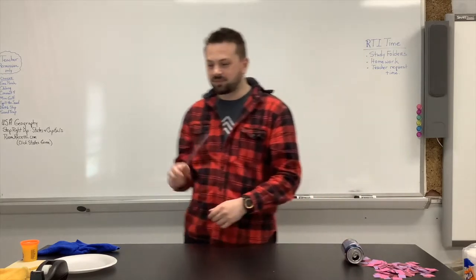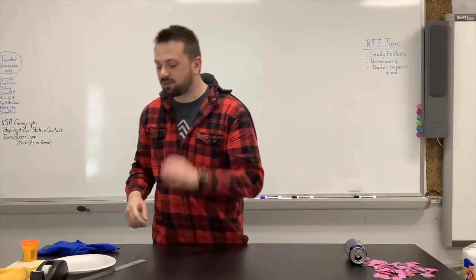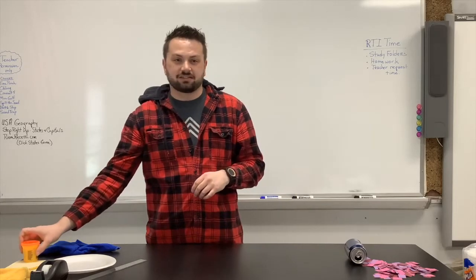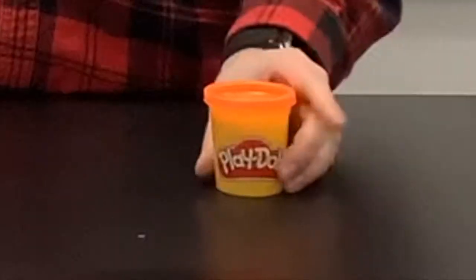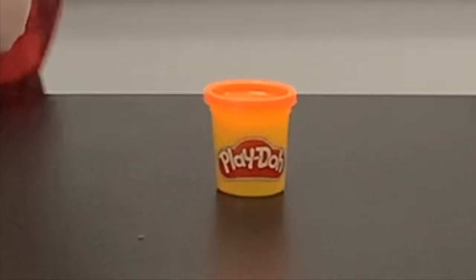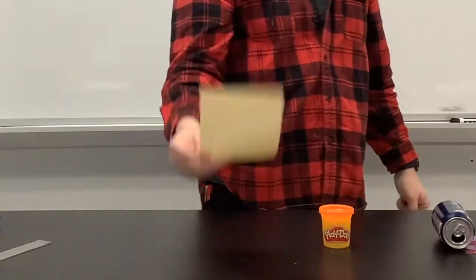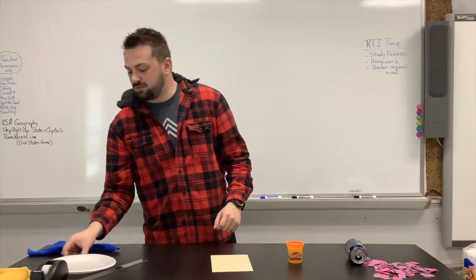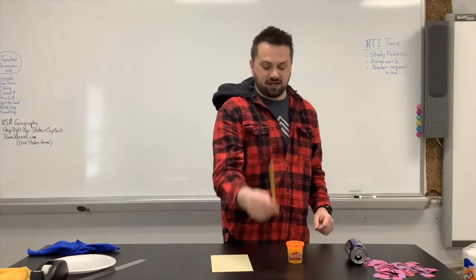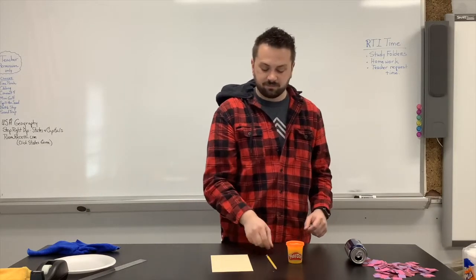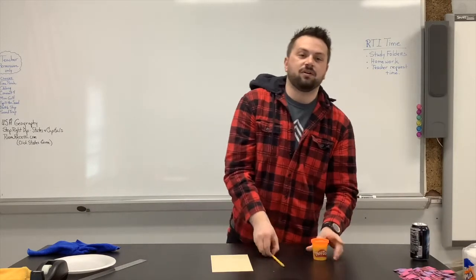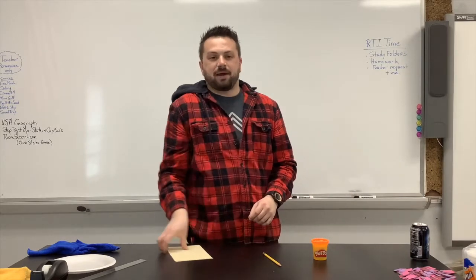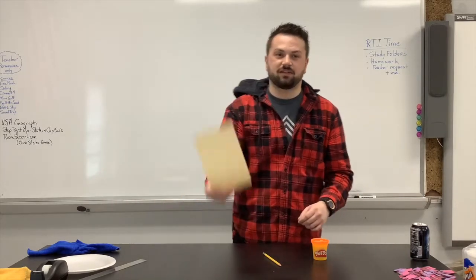Anyway, so you can use that ruler that way, but what we are going to do today is you're going to need Play-Doh, a piece of paper, and a nice sharp pencil. Alright, so we got Play-Doh, we got a pencil, we got paper that won't come off the desk.